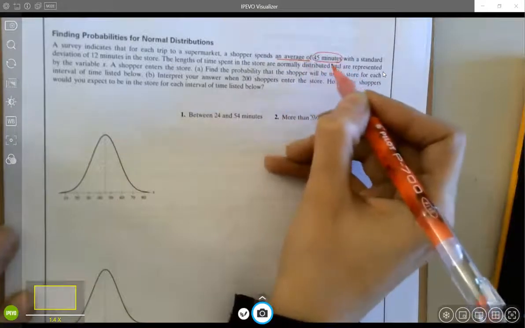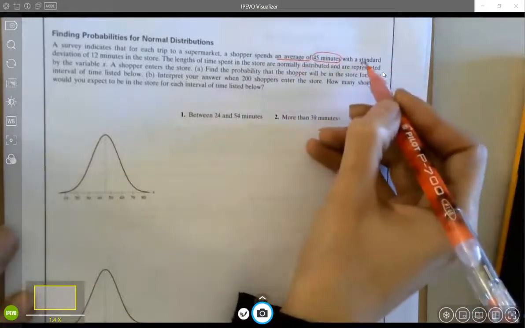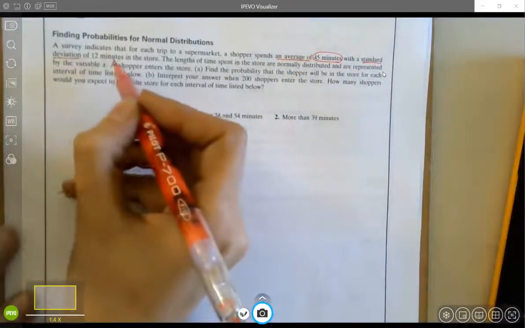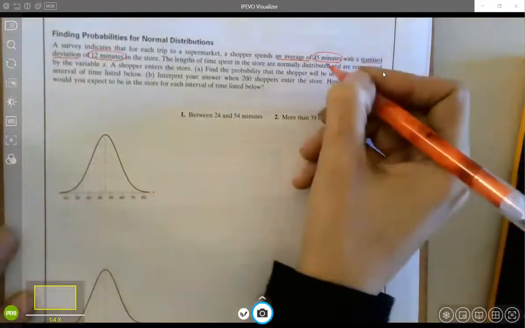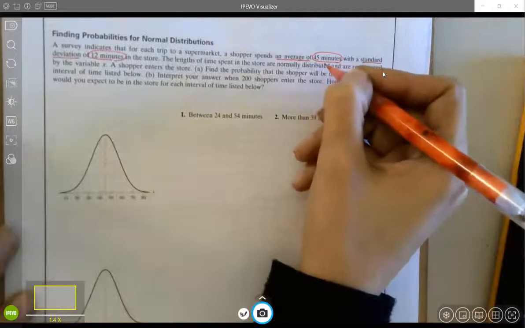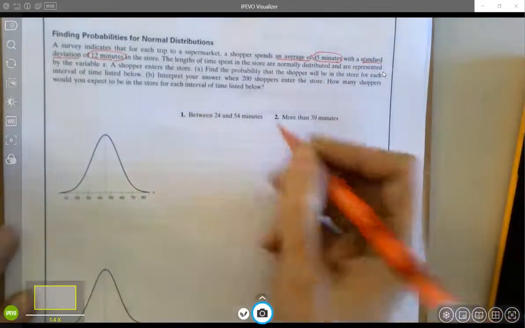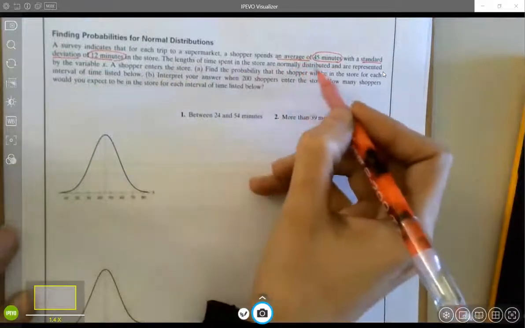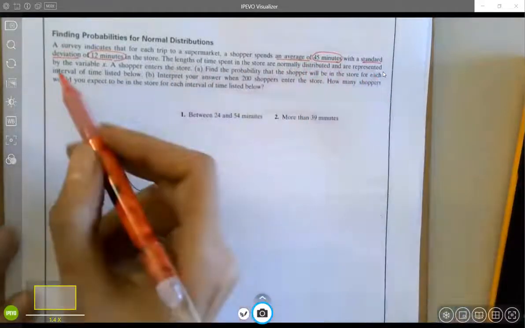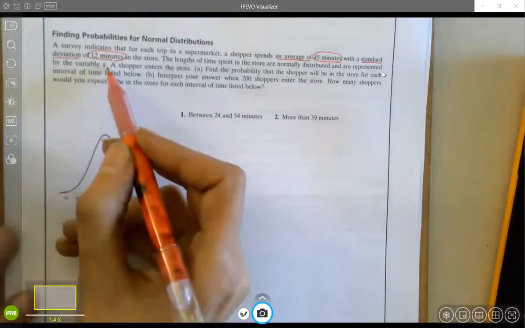So the mean is given to us, and the standard deviation is 12 minutes. So these are our X values related to our original data. The length of time spent in the store is normally distributed and is represented by variable X.